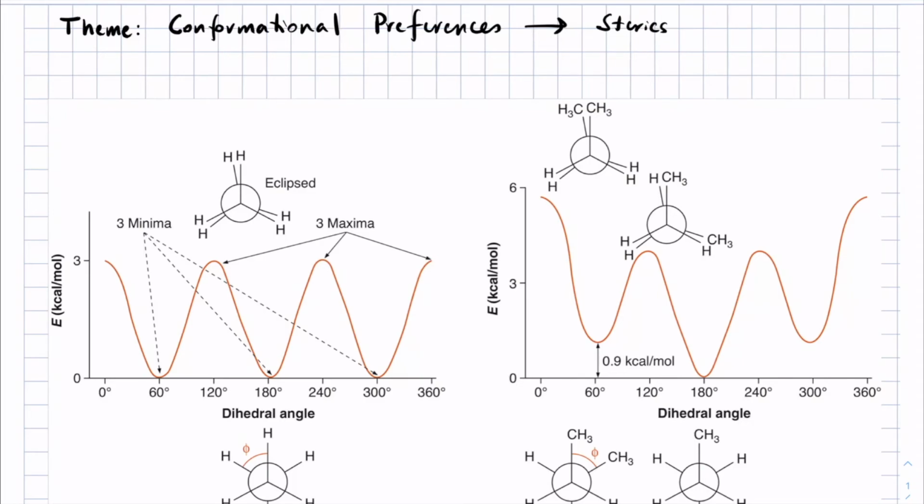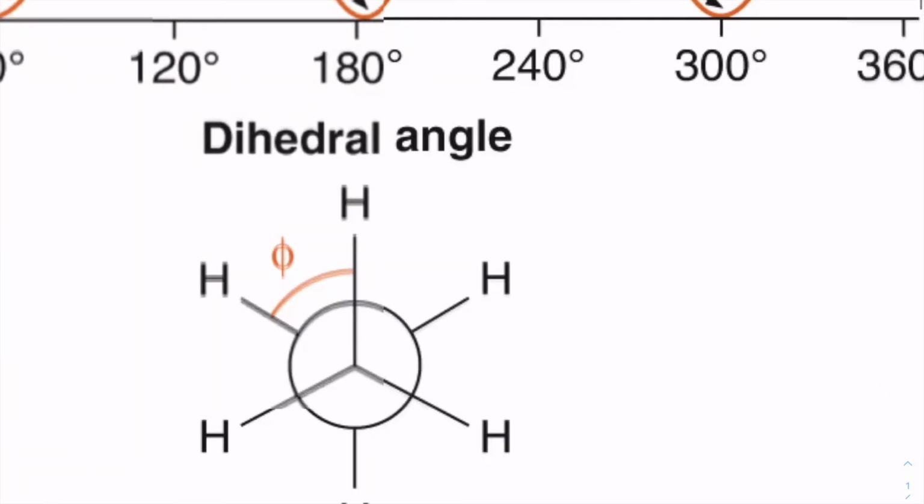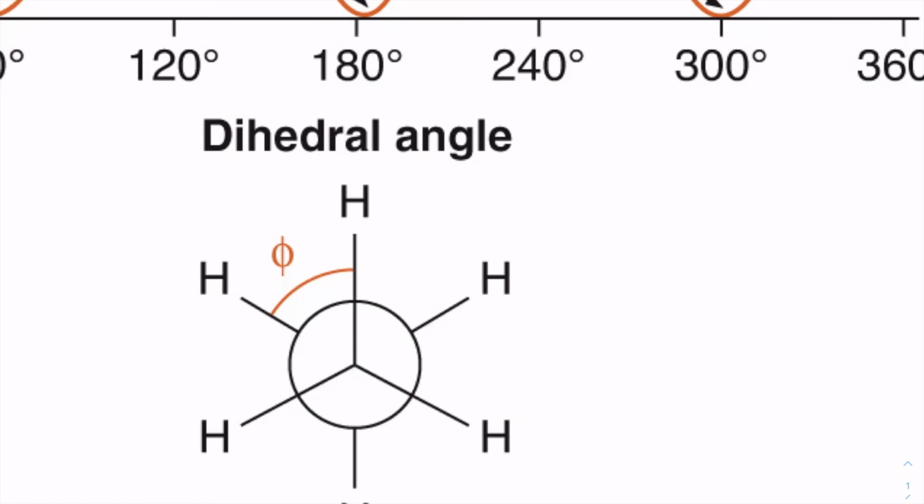One of the things, just to facilitate our discussion today, is the definition of a dihedral angle. It has a more technical definition than this, but if you're looking down a carbon-carbon or any kind of bond, and you choose a group on the front and a group on the back, and then measure that angle between them as though the whole thing was flat, that's called a dihedral angle.